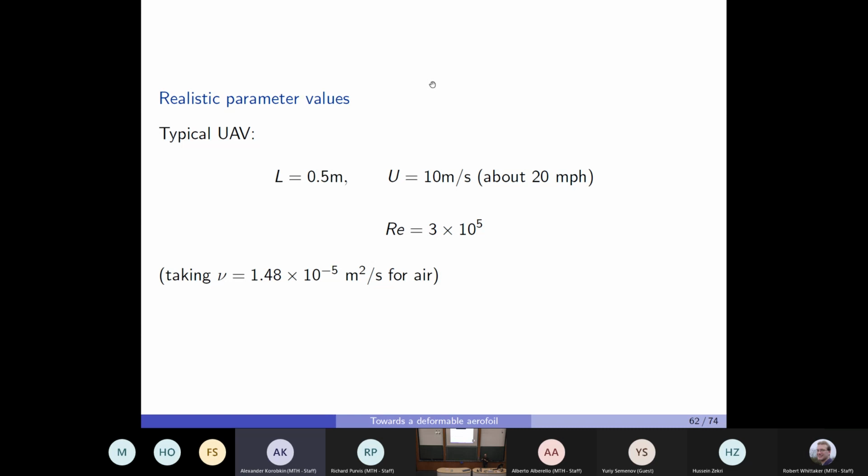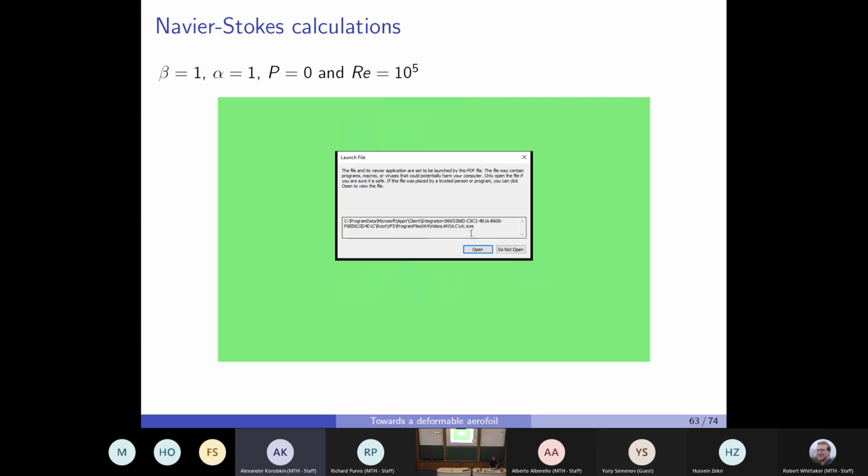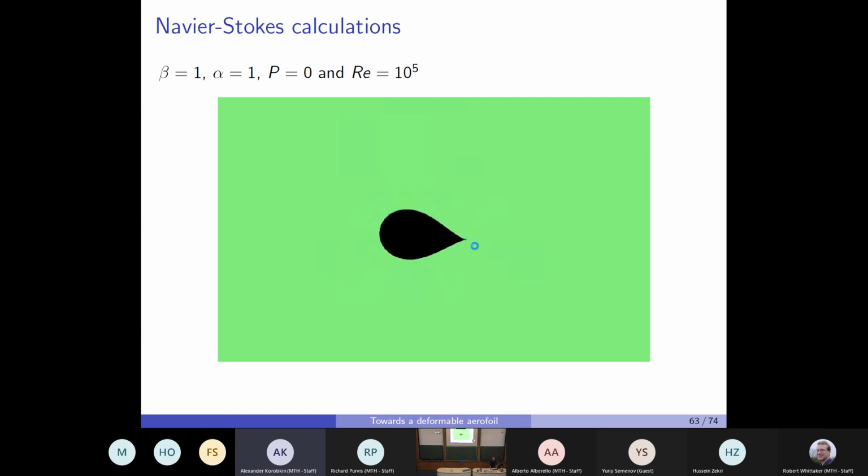So what we want to do now is take this shape and put it into a Navier-Stokes flow and see what happens. So we took some parameter values to give us realistic values for these unmanned aerial vehicles. Took one of our deformed aerofoil shapes and put it into GERIS, which is a finite volume code for solving the Navier-Stokes equations, and looked to see what happened.